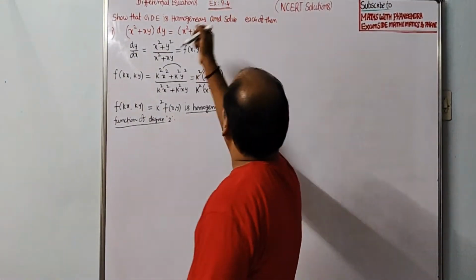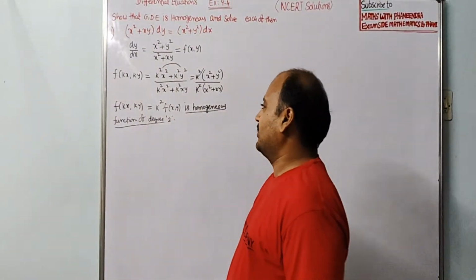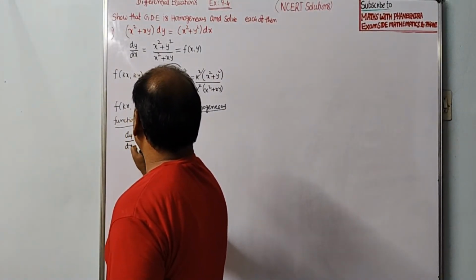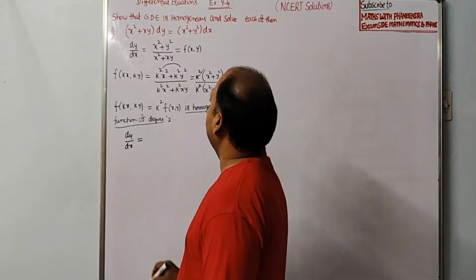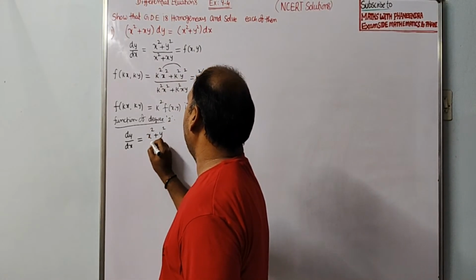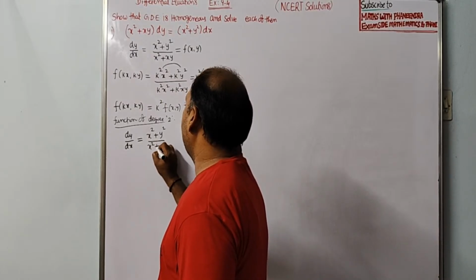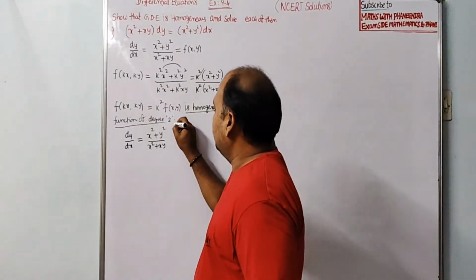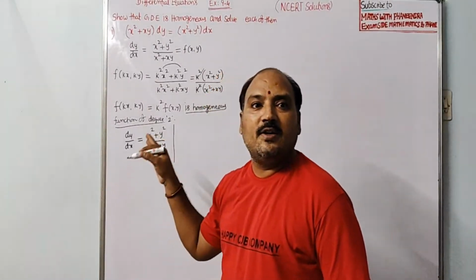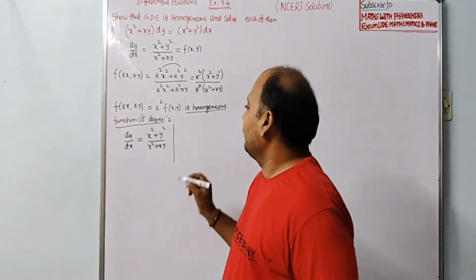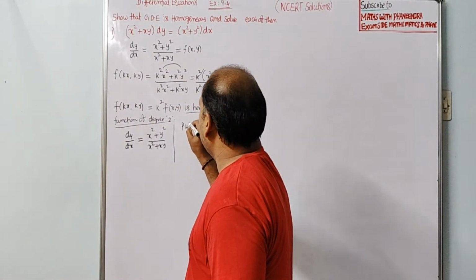Now they are asking to find the solution of this differential equation. So come here: dy by dx is equal to x square plus y square divided by x square plus xy. To solve homogeneous differential equations, put y equal to vx.